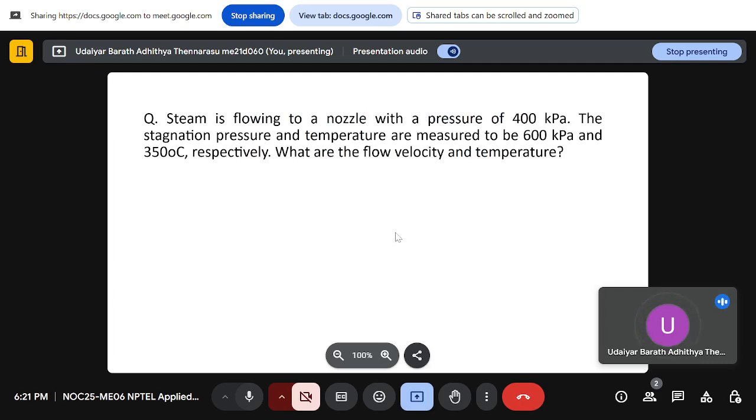So next question is, steam is flowing through a nozzle with a pressure of 400 kilopascal. The stagnation pressure and temperature are measured to be 600 kilopascal and 350 degrees Celsius respectively. What are the flow velocity and temperature?